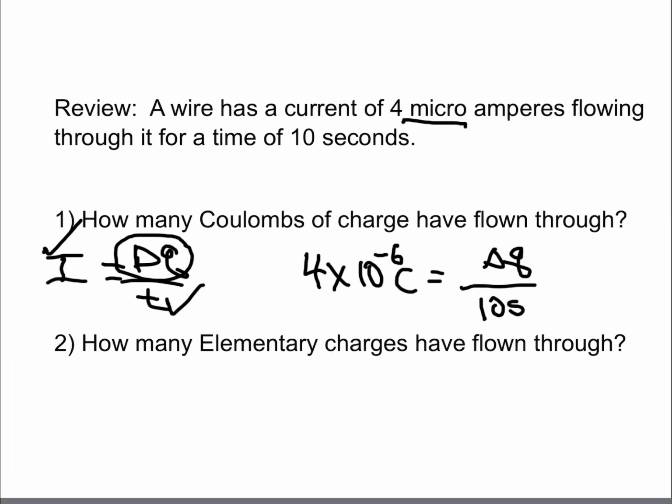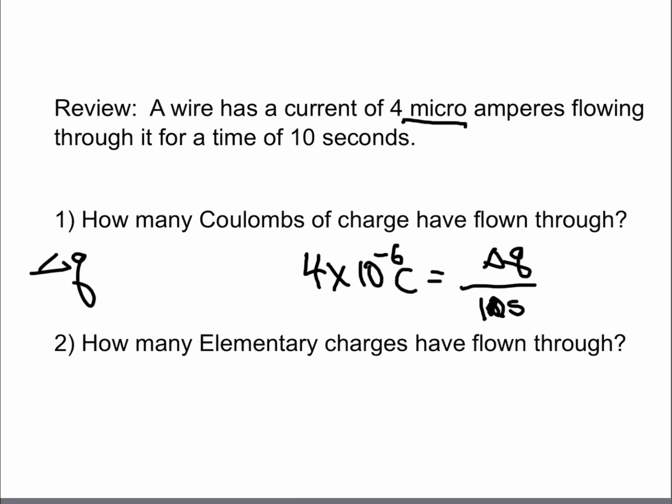So I do a little bit of algebra here, which I will give you guys a second to work on your own. We're going to say that the change in charge, or the charge that went through, ends up being 4 times 10 to the negative 5 coulombs.